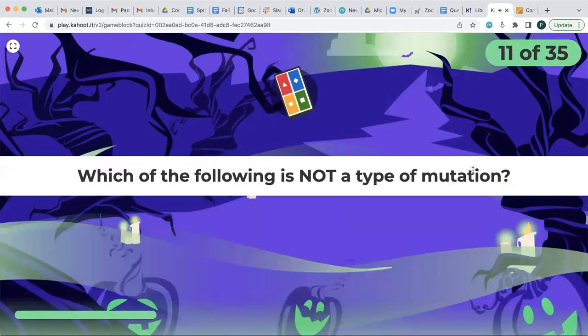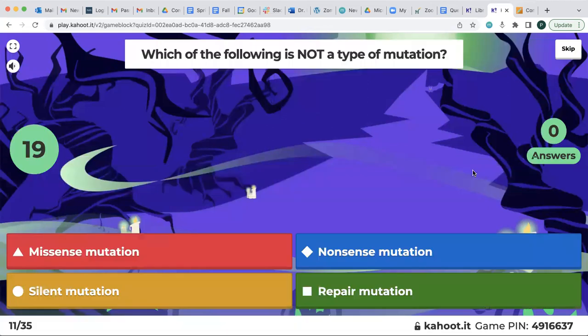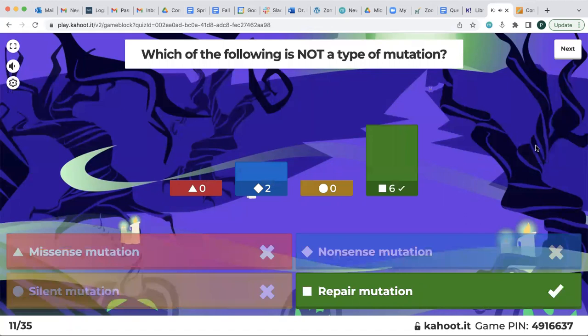Which of the following is not a type of mutation? Yes, very good job.